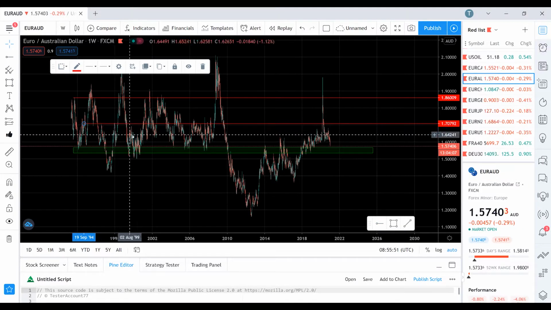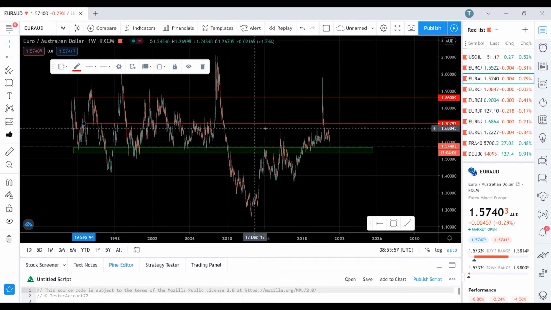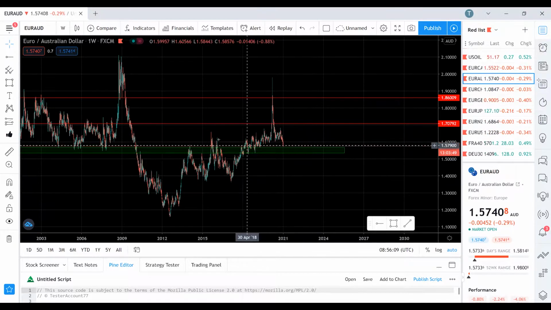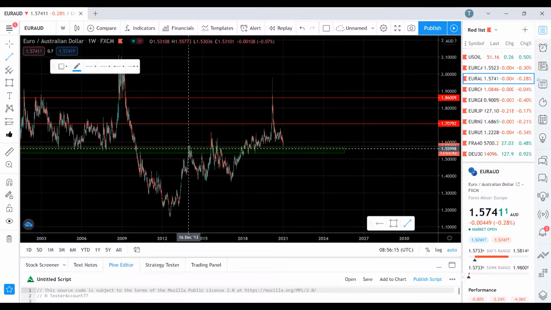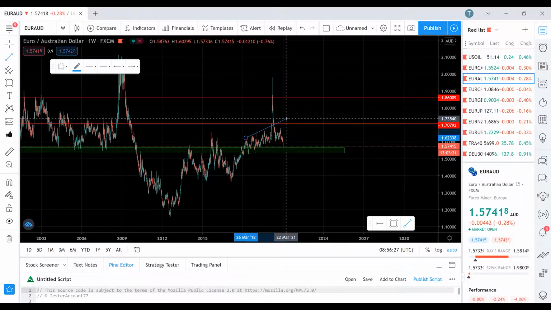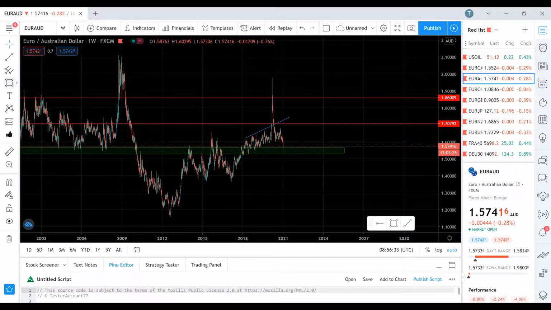Resistance here. Trend support here. As you guys can see, this was a previous magic entry.